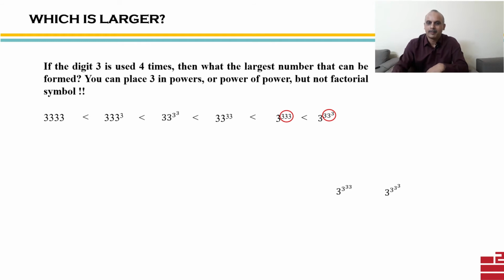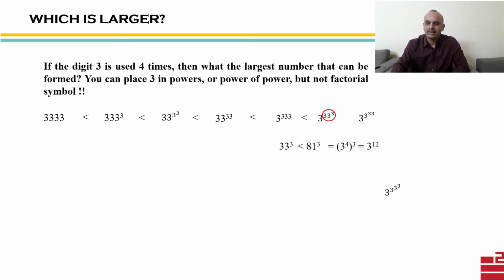Alright, now next pair. So we will now compare 3 to the power 33 cube versus 3 to the power 3 to the power 33. Again, the bases are same, and therefore the powers only will be compared. So we have 33 cube versus 3 to the power 33. 33 cube is less than 81 cube, which is equal to 3 to the power 4 bracket power 3, and that's nothing but 3 to the power 12.